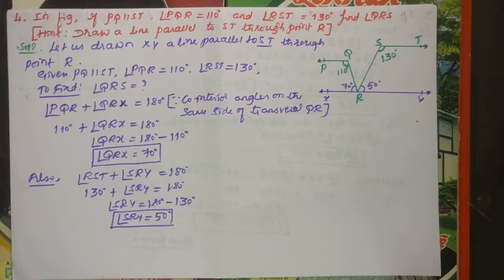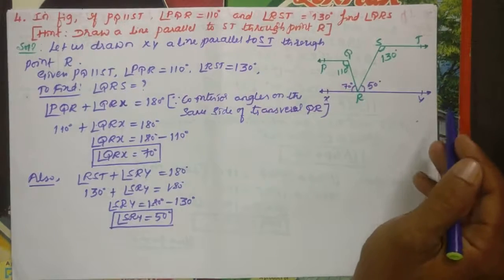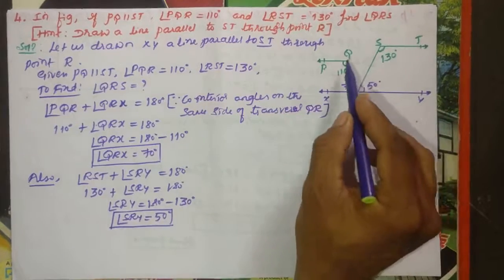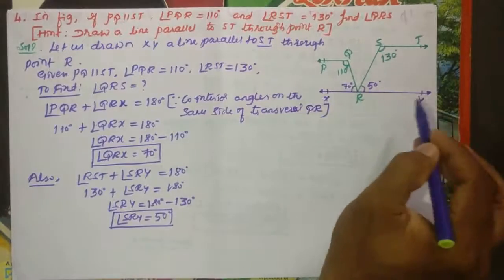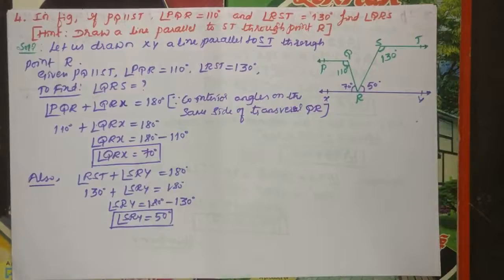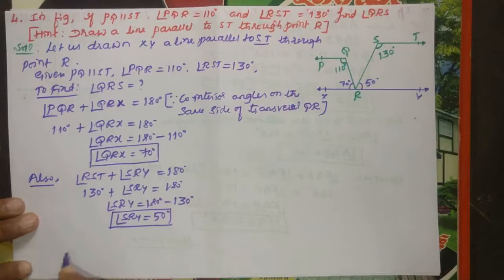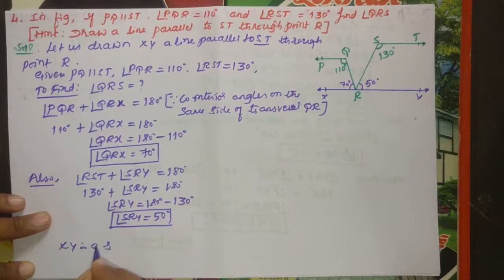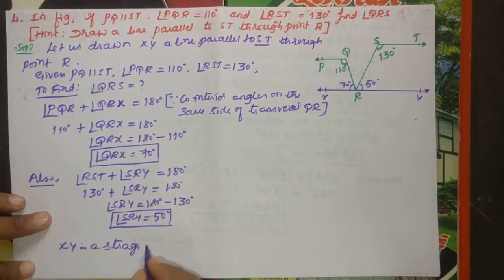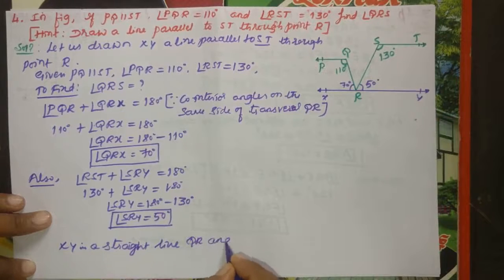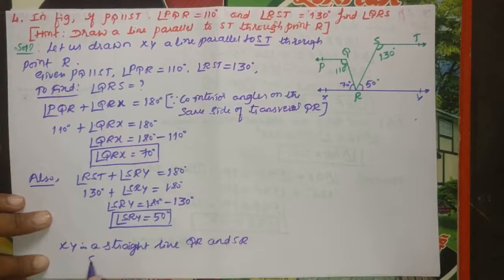See here, they have given that XY is a straight line. XY is a straight line, and RQ and RS stand on it.